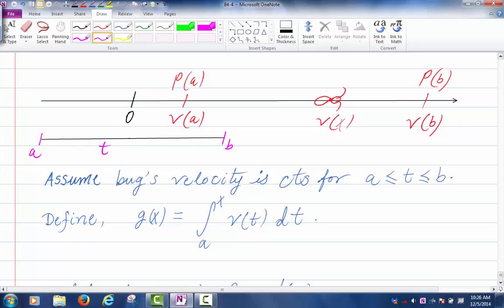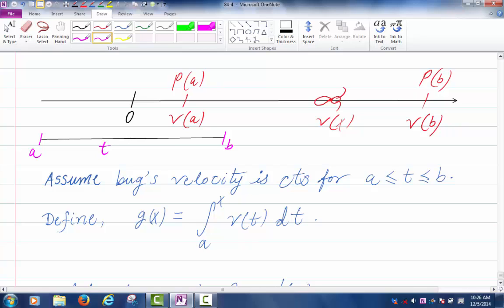On the other number line, I am drawing the position of the bug. Then I am defining the function g of x as the integral from a to x of v of t dt. I am integrating the velocity function from a to x, and that's the function g of x.